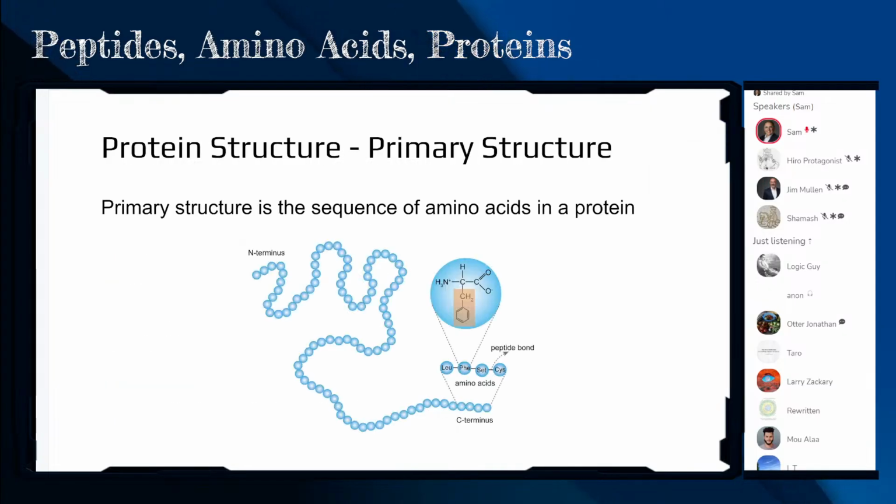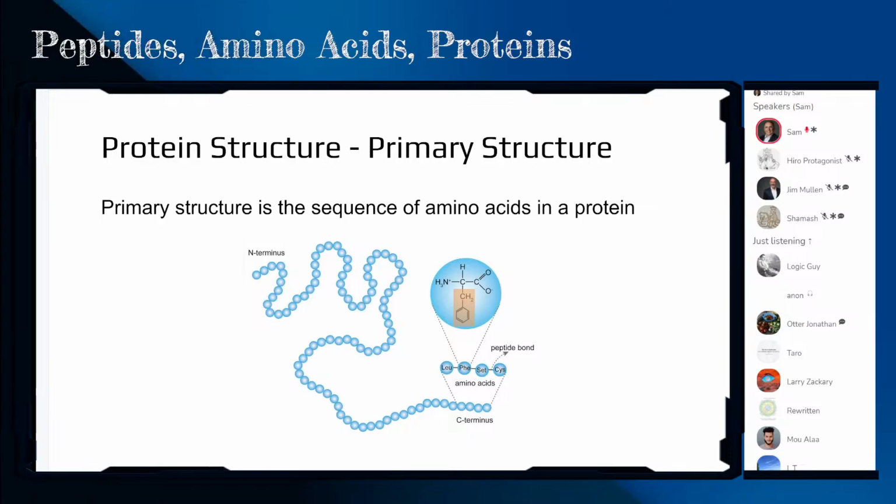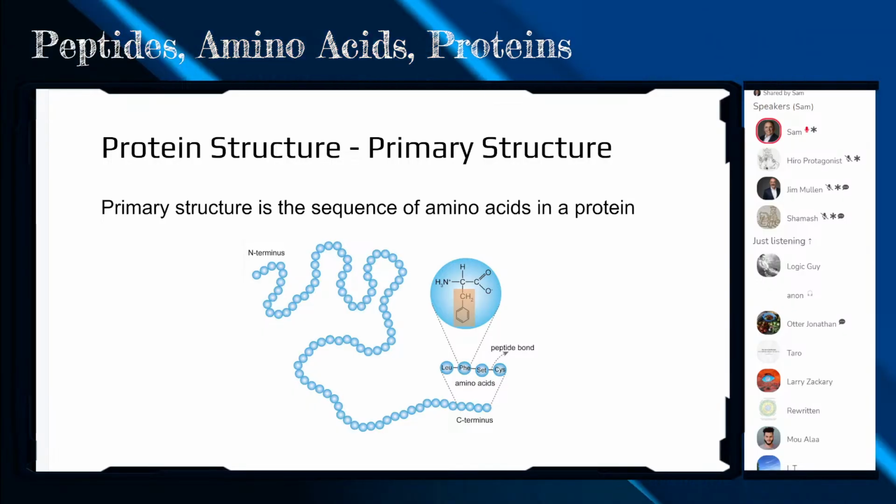So we go to slide 19. This is the start of the protein discussion. The first thing that we talk about with proteins is their structure. What do they look like?